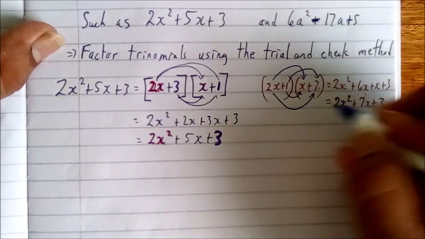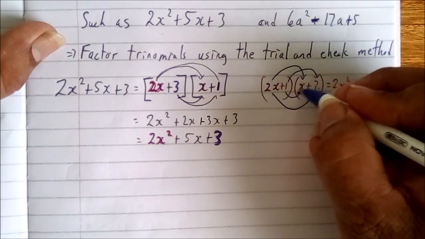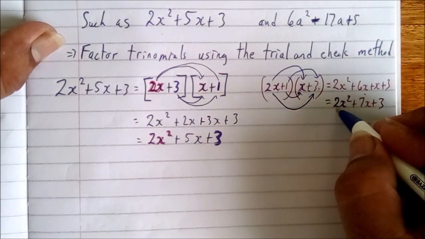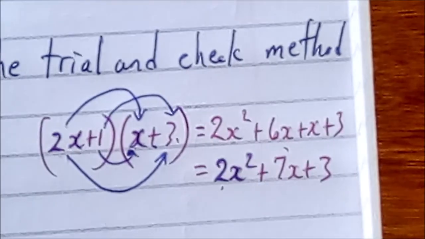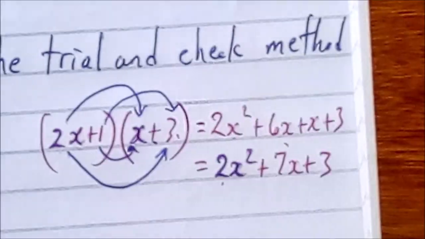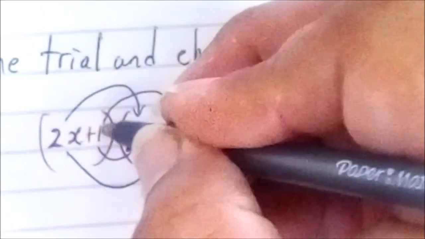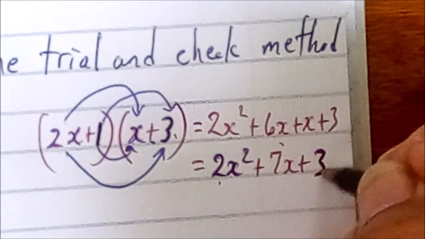Okay, these first two terms here, when we multiply them, we end up with the first term here. Let me zoom in a little bit more so you can see it much better. So if you notice here, when you multiply these two terms, you end up with this. When you multiply the 1 and the 3, we end up with this last term.